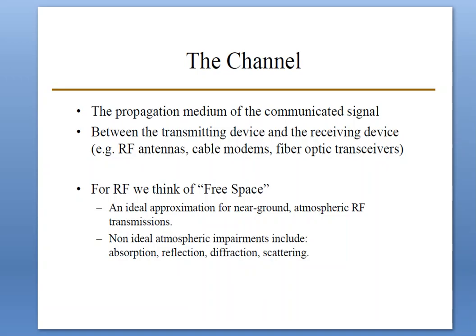The channel may be wired or wireless, depending upon the category of communication. In general, the communication channel might consist of wires, coaxial cables, optical cables, and in the case of radio frequency links, waveguides, the atmosphere or empty space.